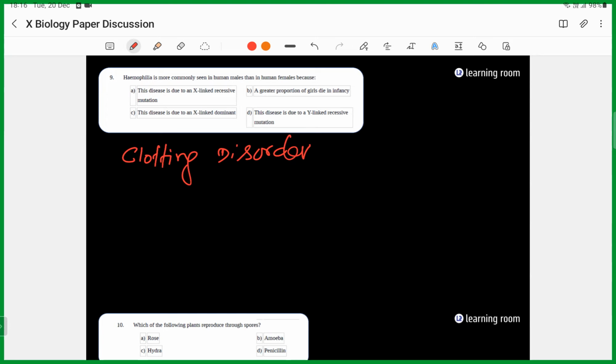For us, as the injury occurs, within a few minutes the clotting stops, but in these people blood will not clot. That is hemophilia. The other name of this disease is the royal disease.